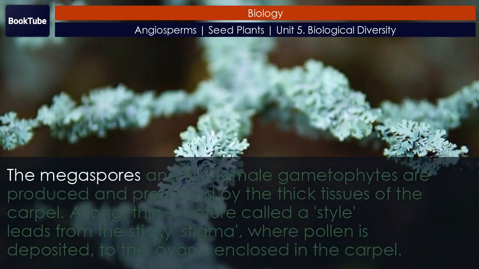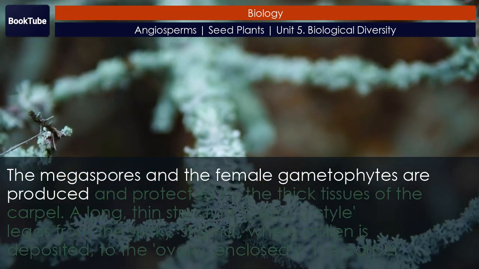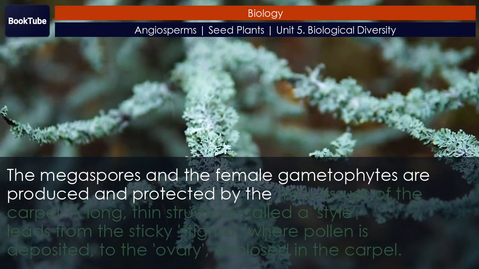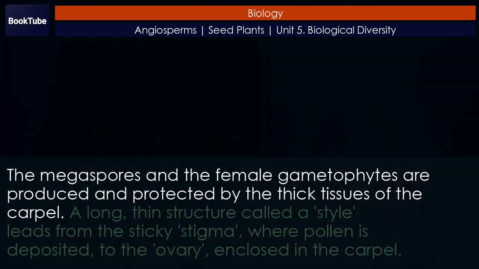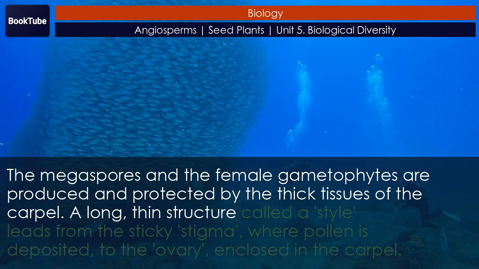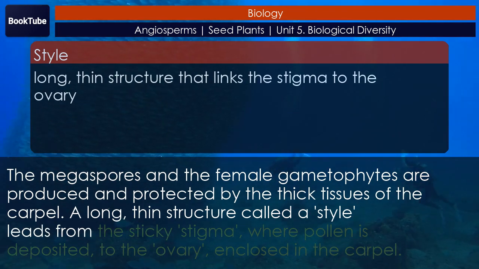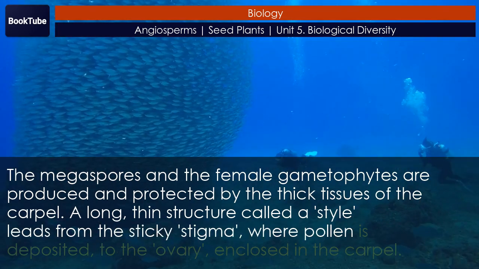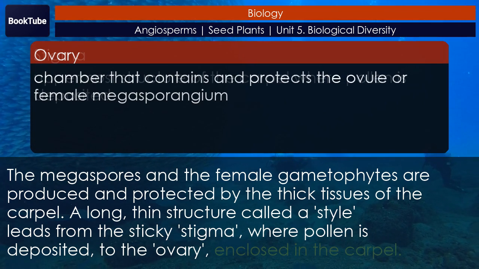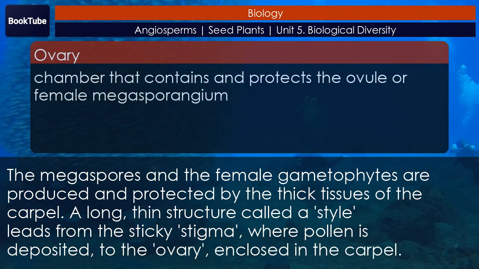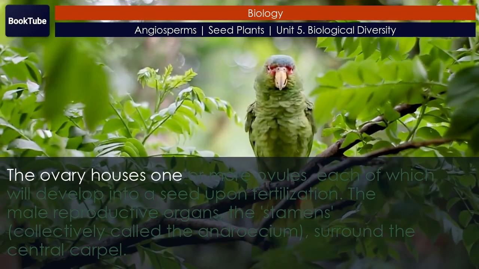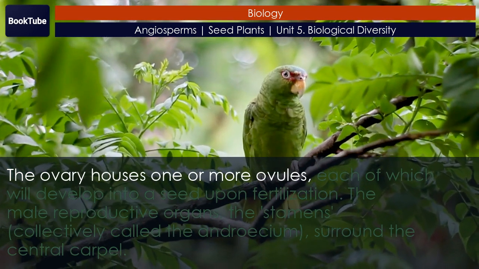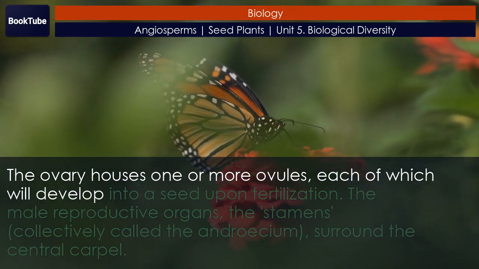The megaspores and the female gametophytes are produced and protected by the thick tissues of the carpel. A long, thin structure called a style leads from the sticky stigma, where pollen is deposited, to the ovary, enclosed in the carpel. The ovary houses one or more ovules, each of which will develop into a seed upon fertilization.